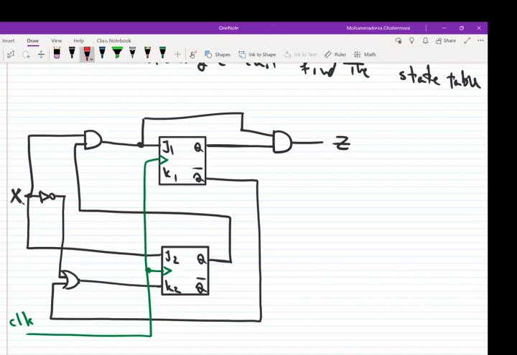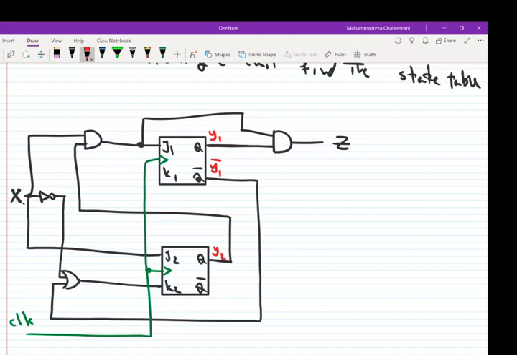The first thing we should define, as you remember, are the input, current state and next states, and the output. The current state of the first flip-flop, we show it with lowercase y1 and y1 bar, and for the second flip-flop y2.